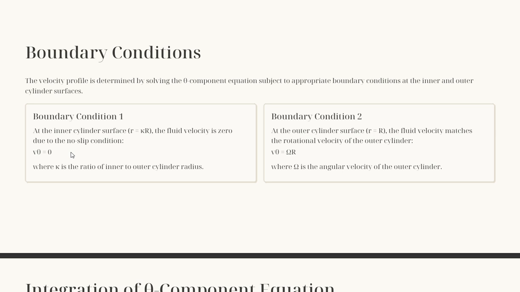Here v theta equals 0. In the second boundary condition, at the outer cylindrical surface r equals capital R, the fluid velocity matches the rotational velocity of the outer cylinder, v theta equals omega R.